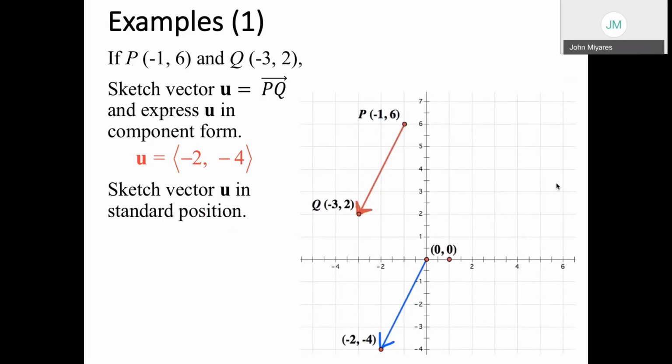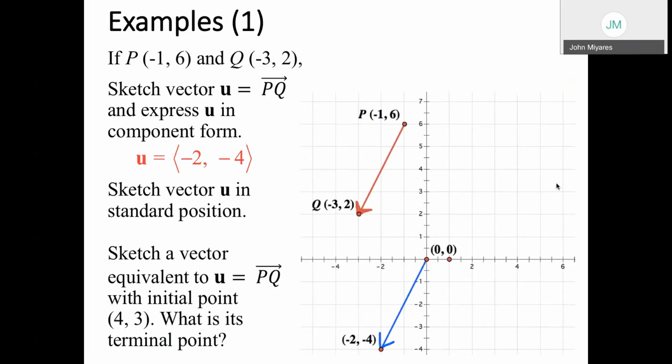Now, what if we said we want to sketch a vector equivalent to u that has an initial point with coordinates (4, 3), and we also would want to know where the terminal point would be? Pause this video one more time to see if you can come up with this one on your own as well.